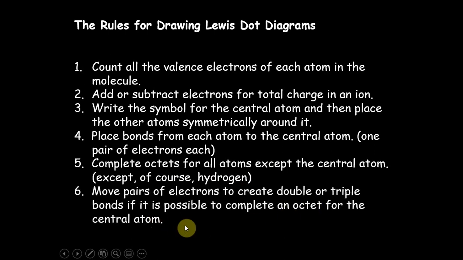And then if there is a central atom where the octet is not complete, then you may, and this doesn't always happen, especially with halogens, it won't happen, but with oxygen, nitrogen, those kinds of things, we can move a pair of electrons from the octet into the spot between the atom and the central atom, and that way we create a double or maybe even a triple bond in order to complete that octet. Okay.